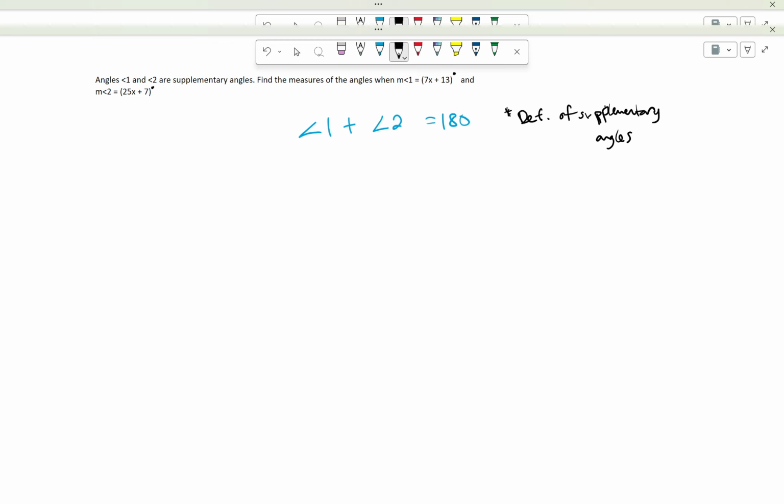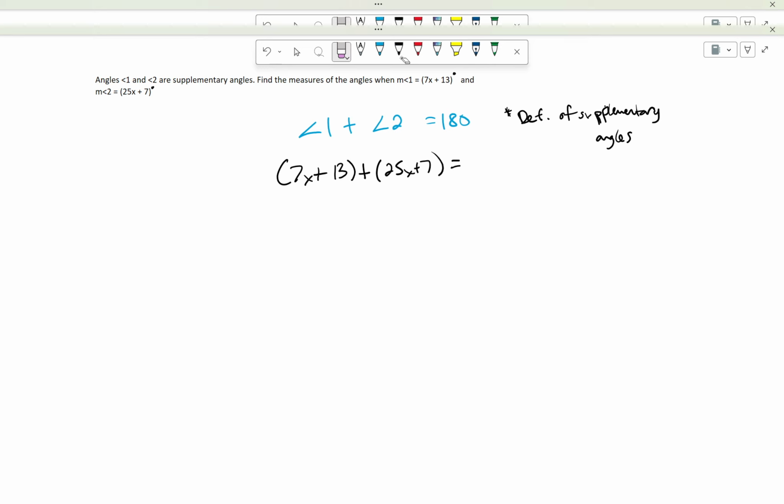It's a fun one. Angle 1 is 7x plus 13. Only just depends if you guys are watching and then bother to ask me. 7x plus 13, it's angle 1. Angle 2 is 25x plus 7. And that's going to be equal to 180.